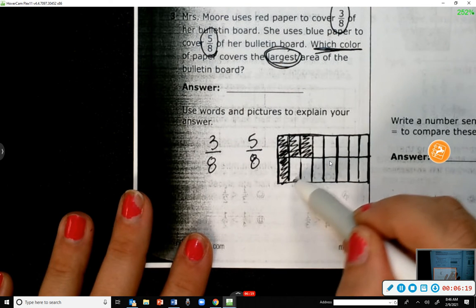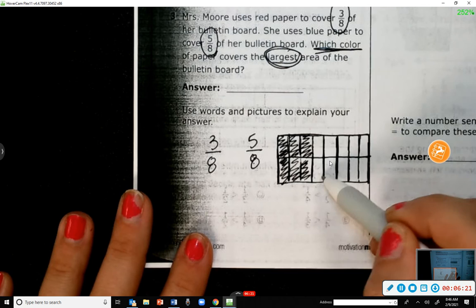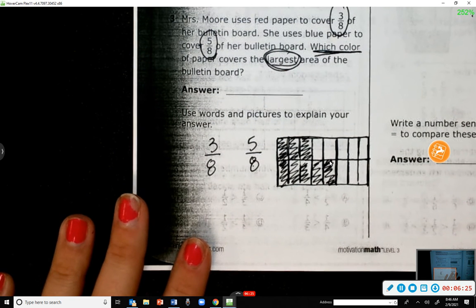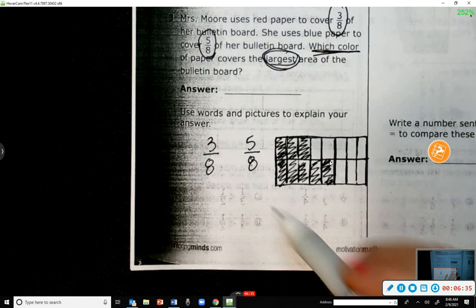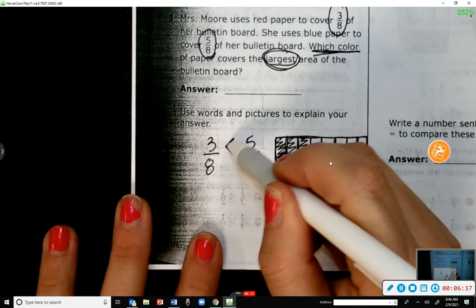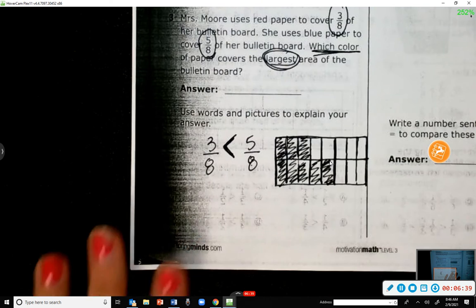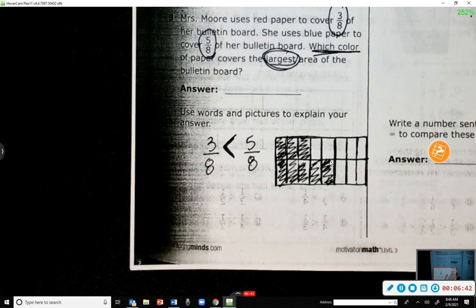1, 2, 3, 4, 5. Which one's greater? Which fraction? 5/8. 5/8 is greater.